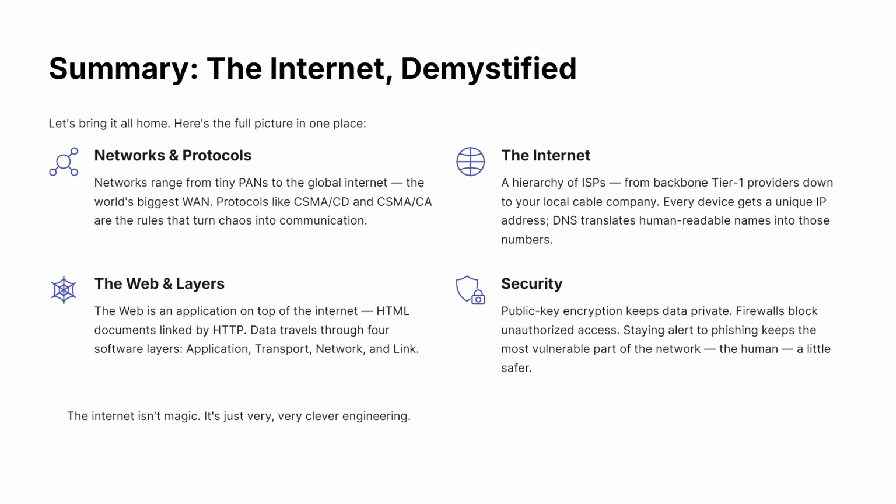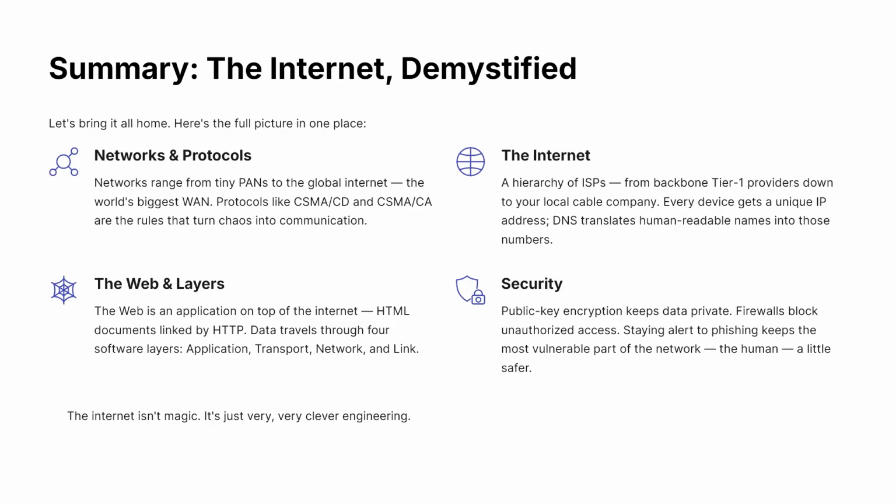Without agreed-upon rules, the network is just noise. The Internet uses a hierarchy of ISPs, from backbone providers down to your local access ISP. Every device gets a unique IP address, and DNS translates human-readable names into those addresses.